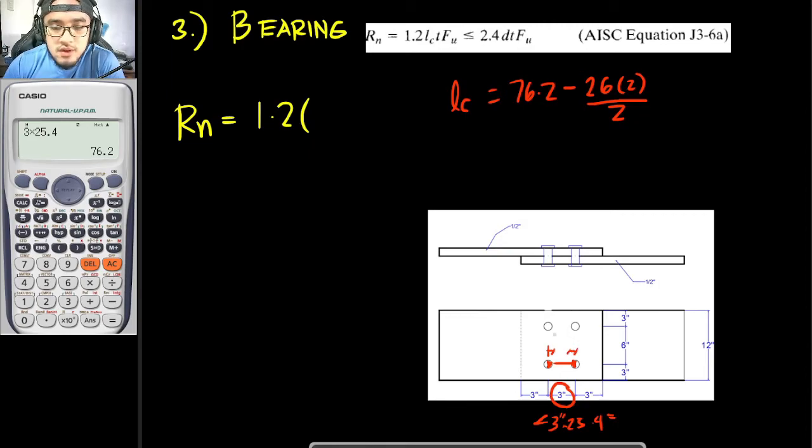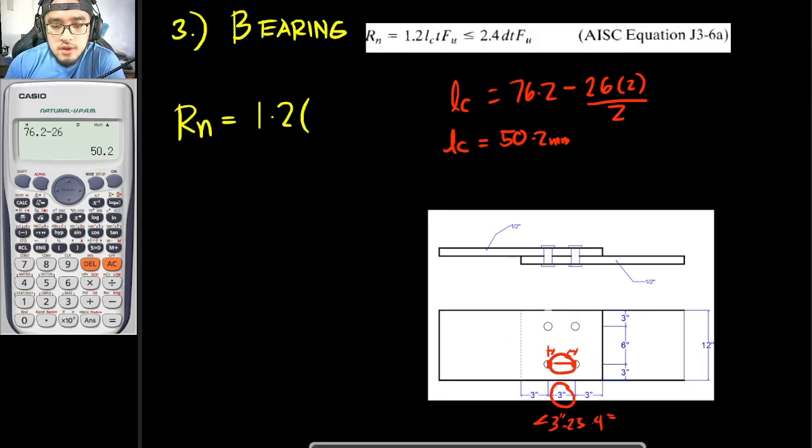So, 26 over 2 yun. So, i-times 2 ulit natin, so babalik siya dyan. And our Lc1 here is to be equal to 76.2 minus 26 times 2 divided by 2, that is to be equal to 50.2 mm. So ito yung nandito sa part na to.